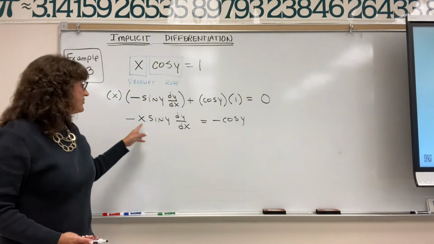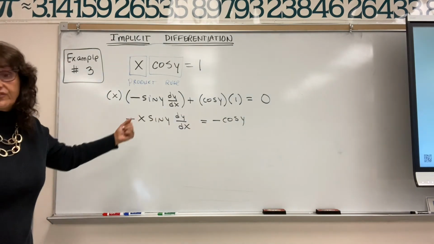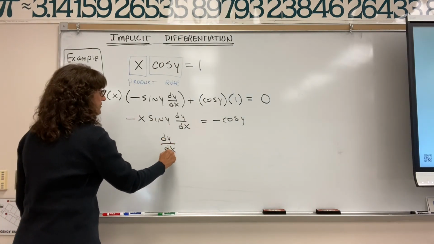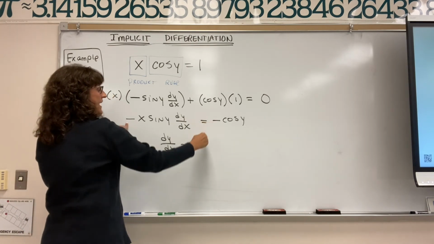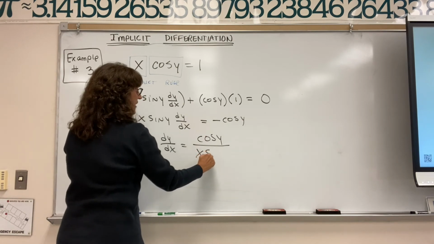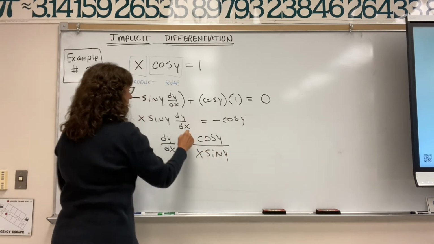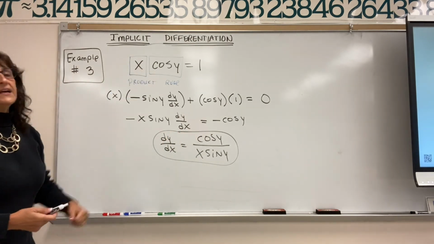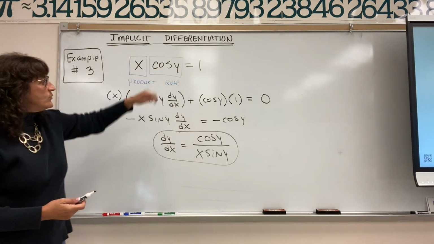All we have to do now is just divide both sides by negative x sine y. So dy dx is going to equal, these negatives will cancel, so I'm just going to write cosine of y over x times the sine of y. And here is your derivative. Here is your implicit derivative for this curve, x times the cosine y equals 1.